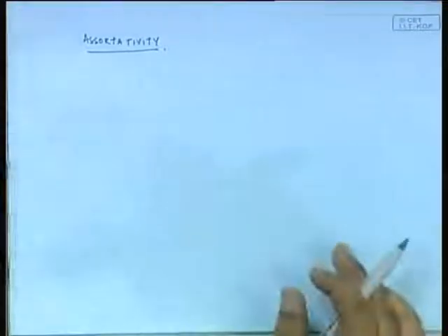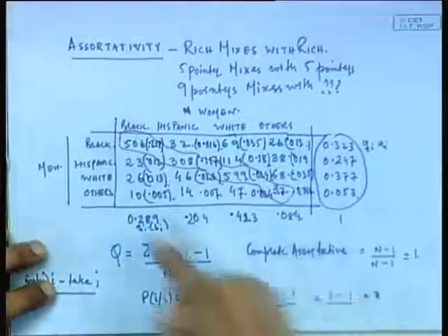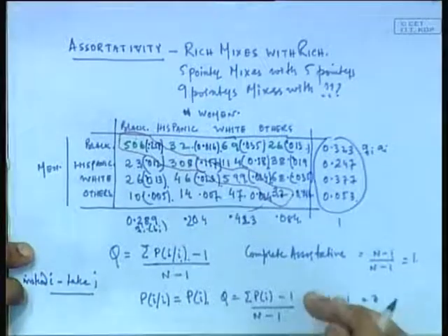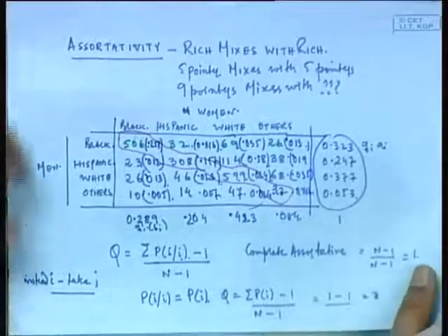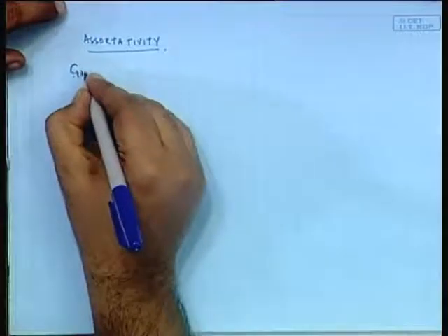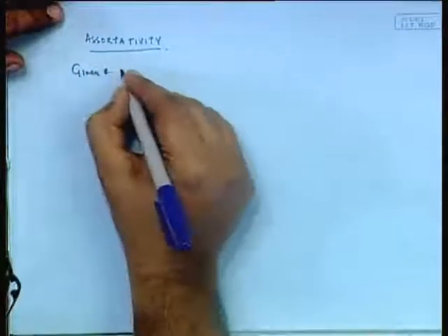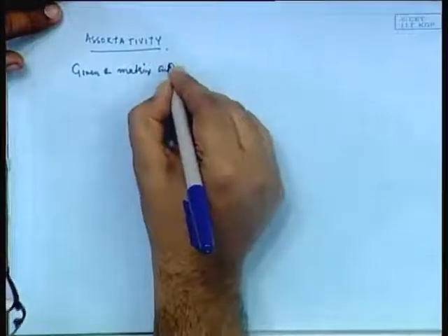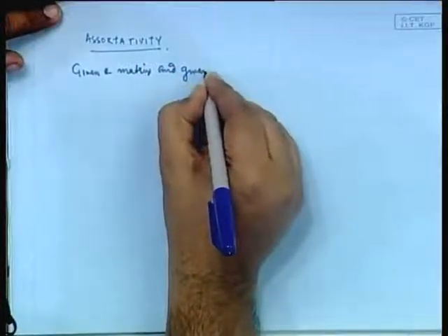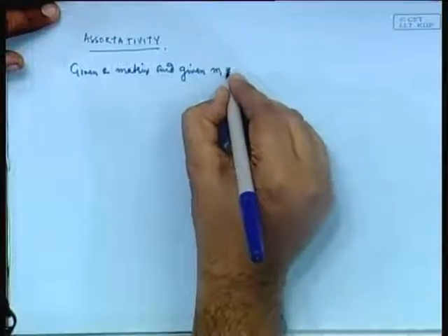So, we have this E matrix. Again I come, we have this E matrix. And then I am told that I am given the E matrix, and given that you can have M edges.